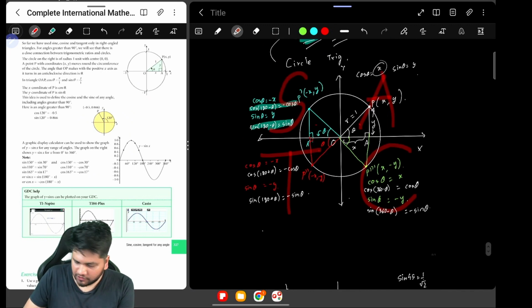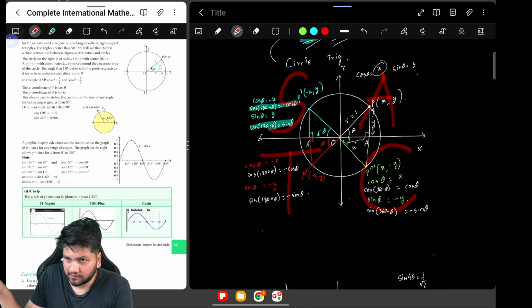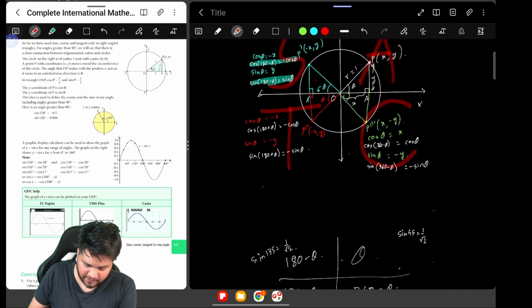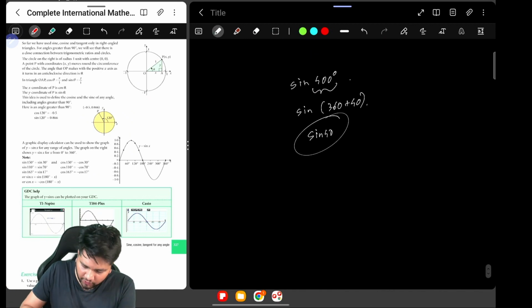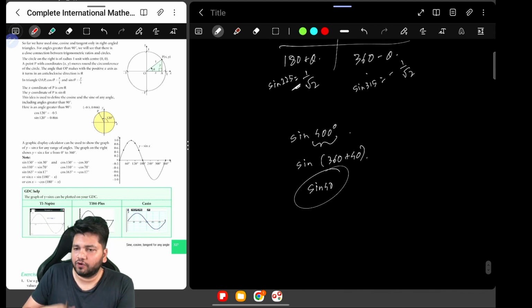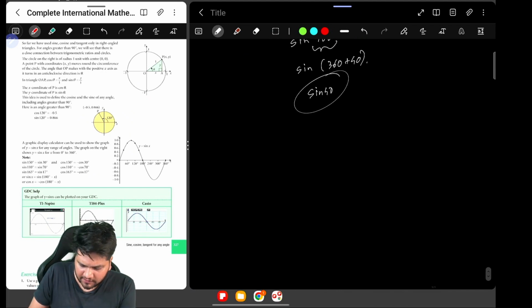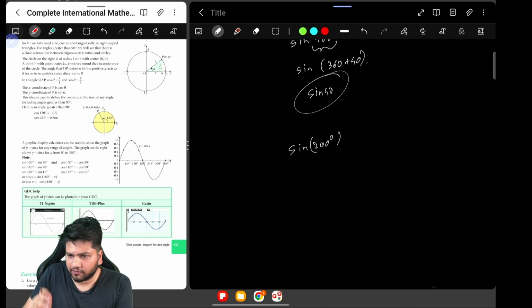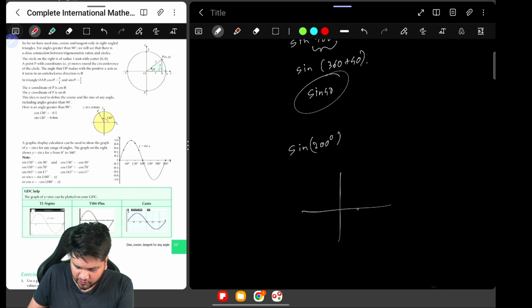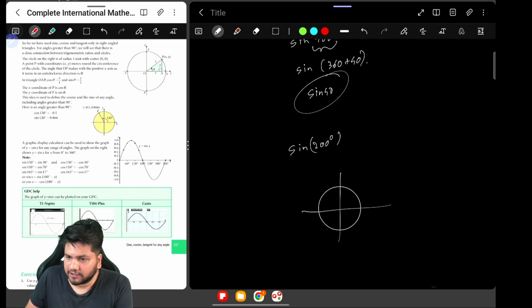Anyways, now see, in short, if we know the acute angle of any triangle, we can find out trigonometric ratios of acute angles, then we can use it for any other angles as well, for sure. Okay. Now, one more important thing. If I want to find, let's say, sine of 200 degree, cos of 200 degree, all trigonometric ratios of 200 degree, all I have to do is draw a unit circle of radius 1 centimeter, 1 meter, 1 kilometer.